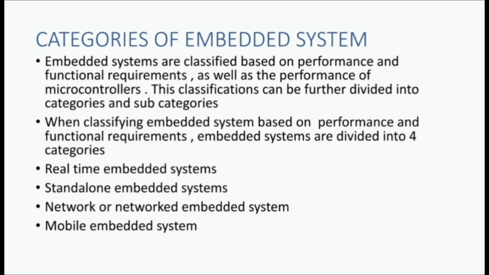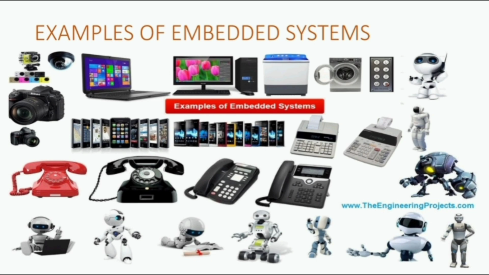From dedicated standalone devices to interconnected networks, these play a crucial role in modern technology. So let us come to the examples of embedded systems: smartphones, smartwatches, traffic lights, medical appliances, phones, refrigerators, Wi-Fi connections, robotics, microwave ovens, washing machines, meters, telephones and automobiles.